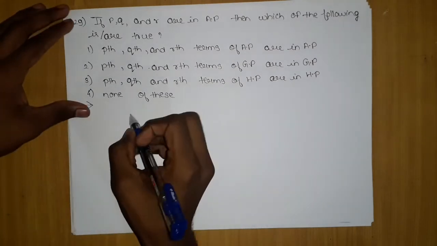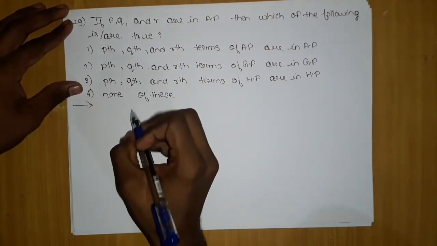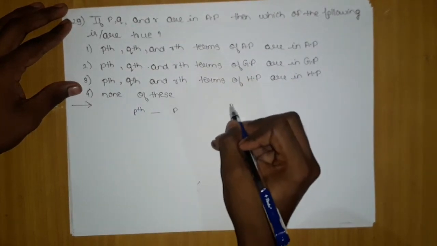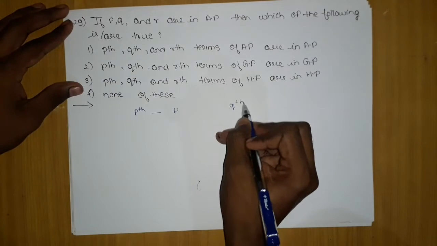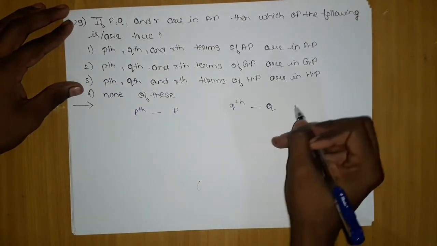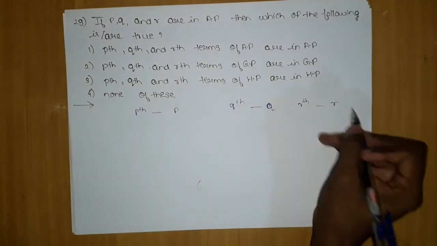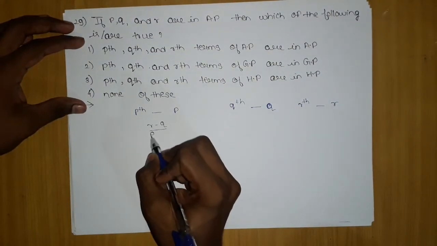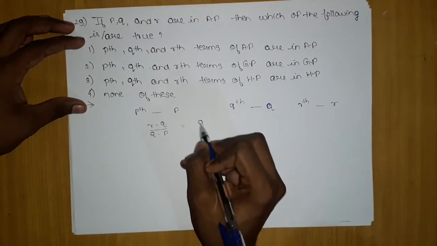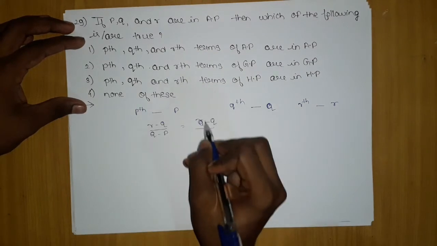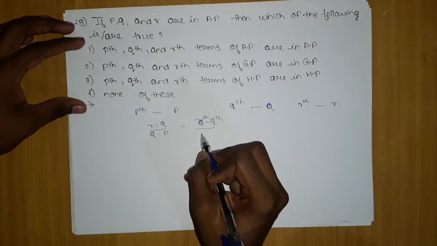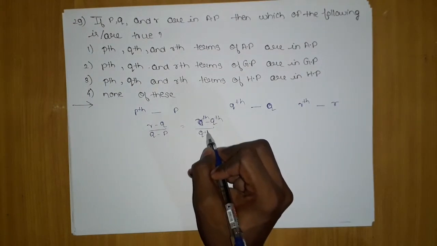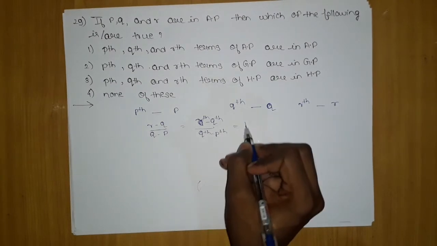Now listen, I have told you about AP, it is true for GP also. If I take the pth term and its value is p, and if I take the qth term and its value is q, and the rth term, its value is r, then you know that (r minus q) upon (q minus p), that is the rth term minus qth term upon qth term minus pth term, will be a rational number.